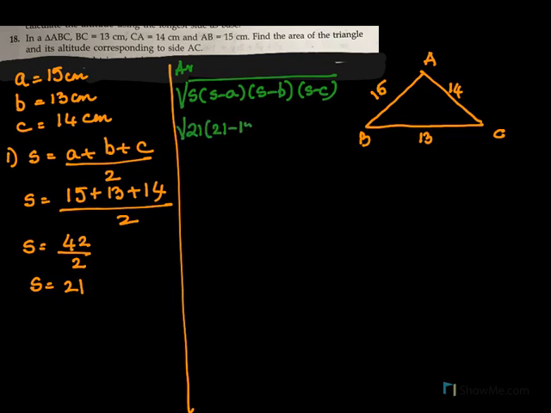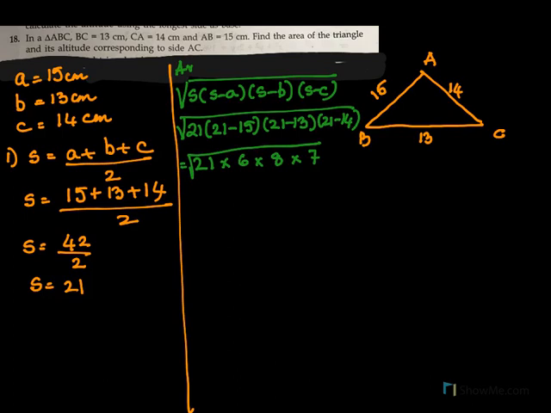It is 21 minus 15, 21 minus 13, and 21 minus 14. So this is 21 into 6 into 8 into 7, on subtraction. So let's start breaking up. We have 21, we'll write 3 into 7, 6 we put 2 into 3, 8 we put 2 into 2 into 2, and 7 remains as 7.